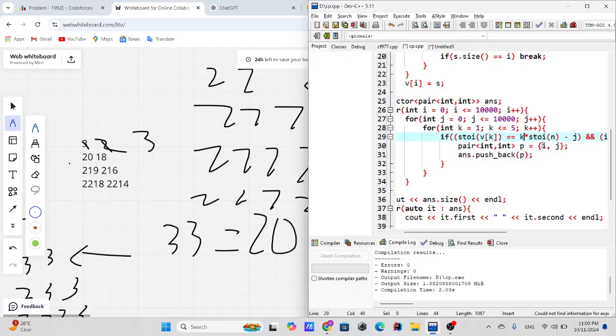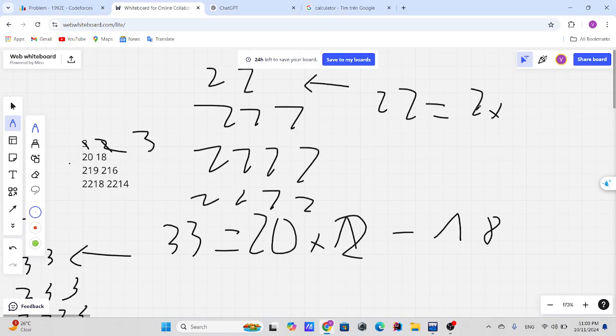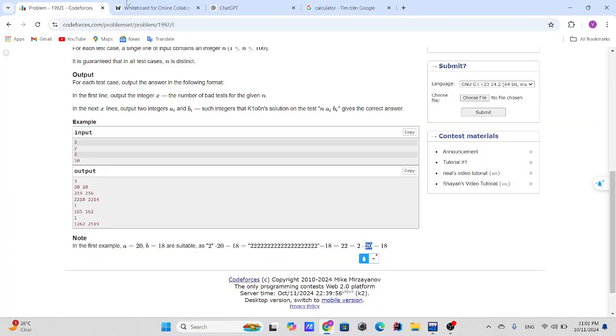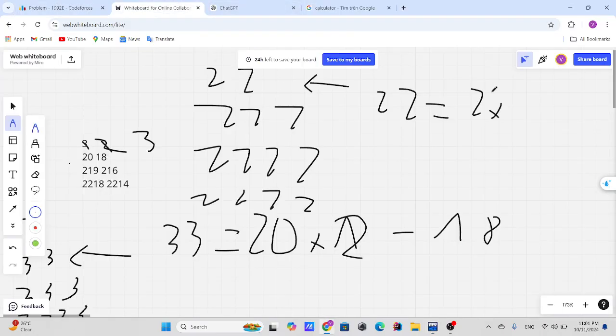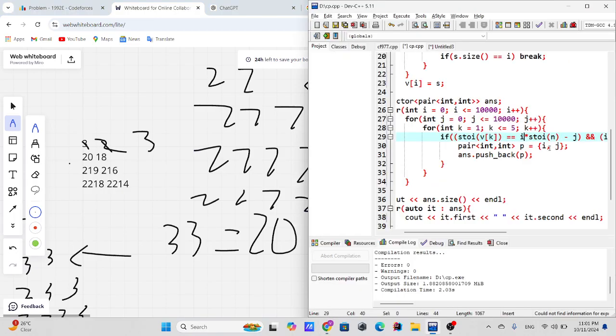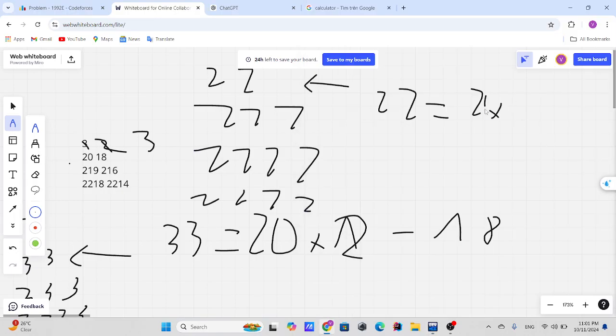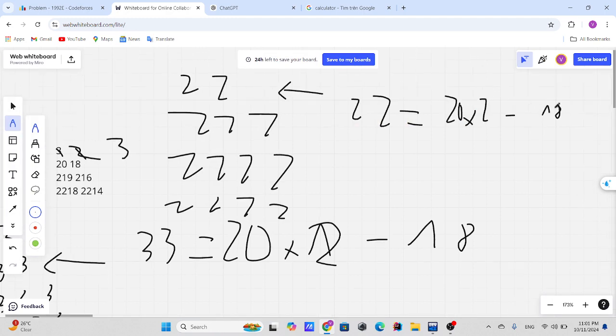Oh no, it's N. So K multiplied by Y. 20 multiplied by 2 minus 18 here.